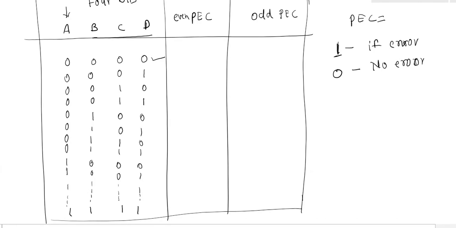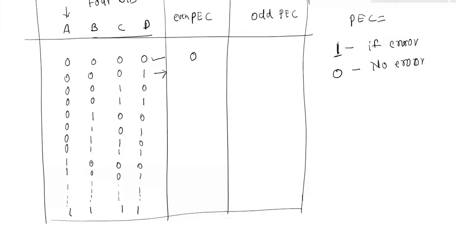So the even parity error check bit generates the output as a 0. Clear? Now for the next value 0 0 0 1. It is expected that the number of ones should be even in the even parity checker. But the number of ones available in the message is 1. 1 is an odd number, means there is a data loss.